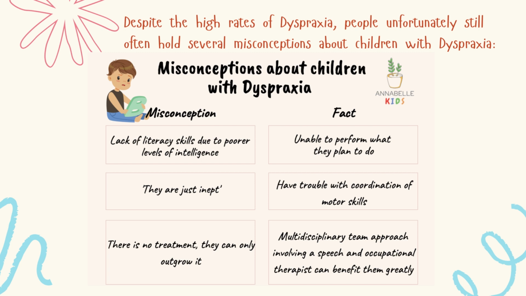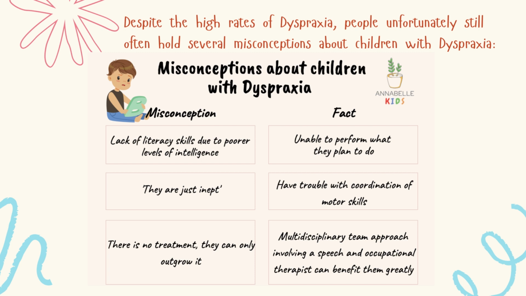The third one is people will think that there is no treatment, that they can only outgrow it, which is that they have no treatment. In fact, a multidisciplinary team approach involving speech and occupational therapists can benefit them greatly. Now we are in a new era where we have solutions and we can live with that.